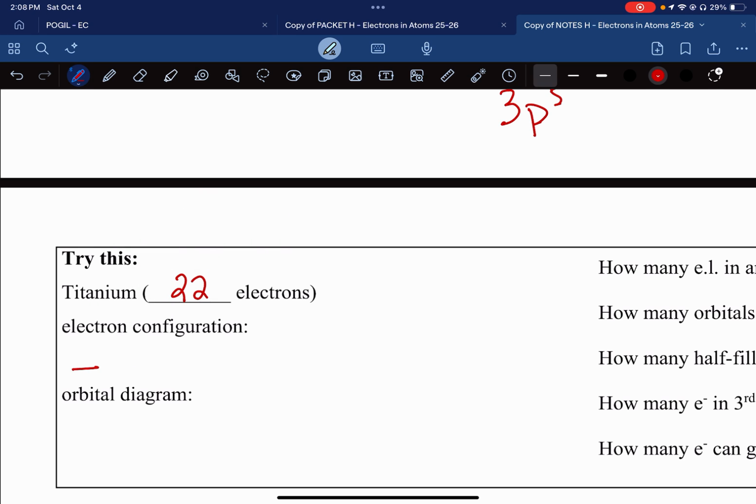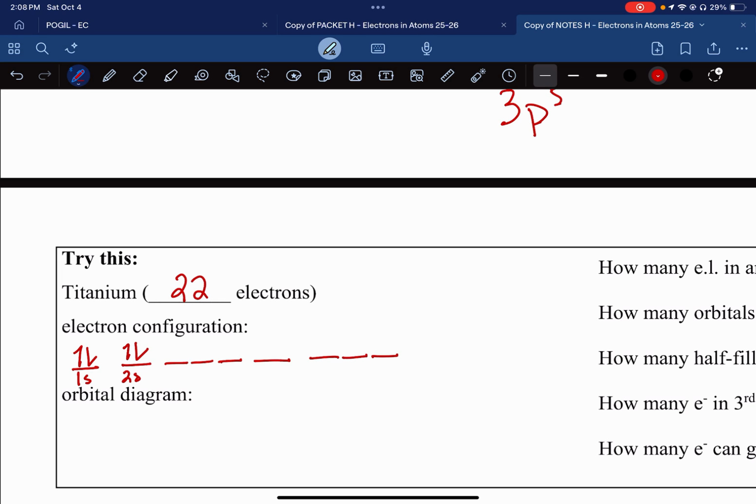So we know we have that 1s, 2s, 2p, okay? Then 3s, 3p. Where's that going to get us? That's 2, so that's the 1s level, the 2s level. I'm doing it in orbital notation, and then I'm going to do it in the electron configuration, just so you can compare the two.